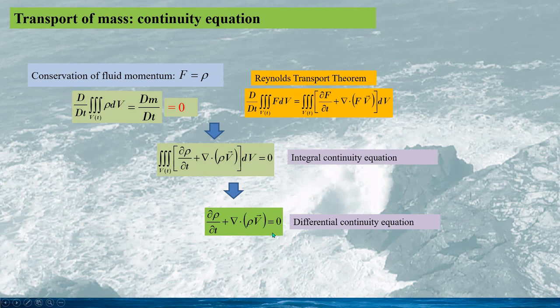And this is the universal continuity equation for both compressible and incompressible flows. If the flow is incompressible, its density would be a constant. Then we could have a simpler continuity equation as this for incompressible flows.